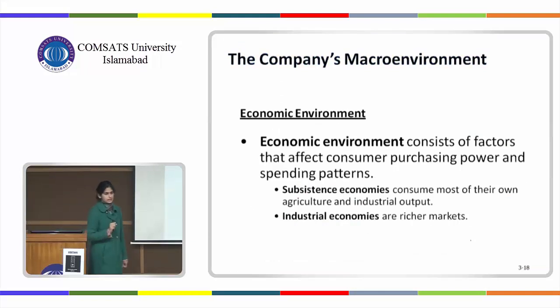Now coming down to the second environment, that is the economic environment. The economic environment consists of factors that affect consumers' purchasing power and spending patterns. The better the economic condition of the country, the more employment.